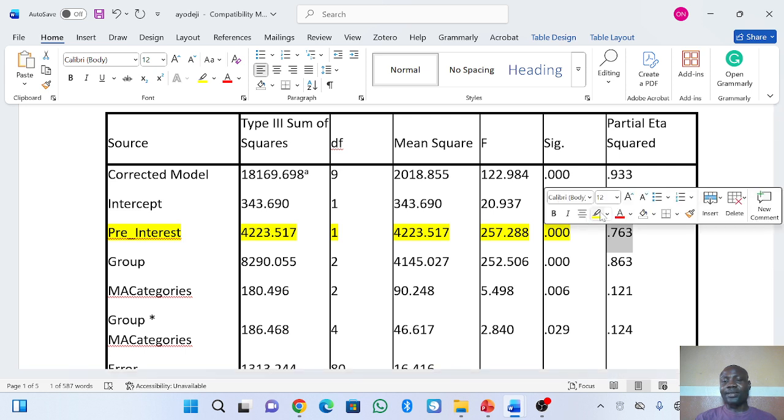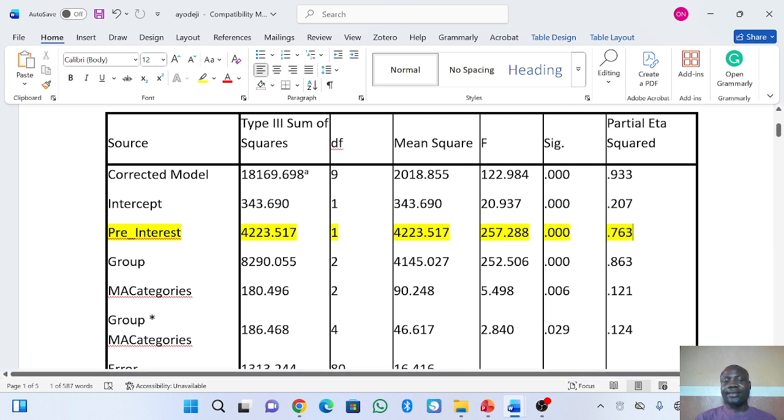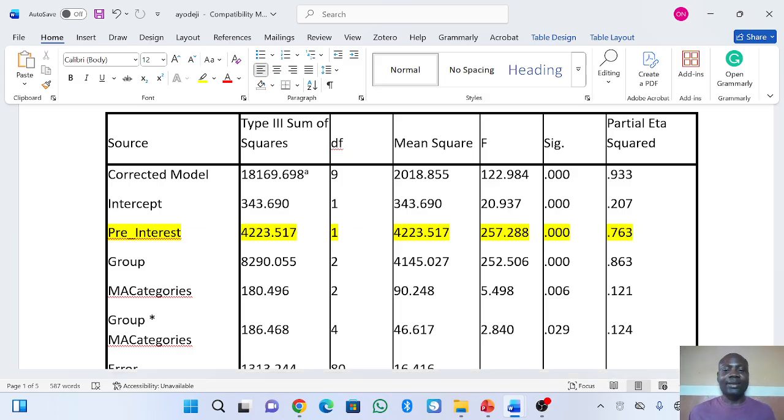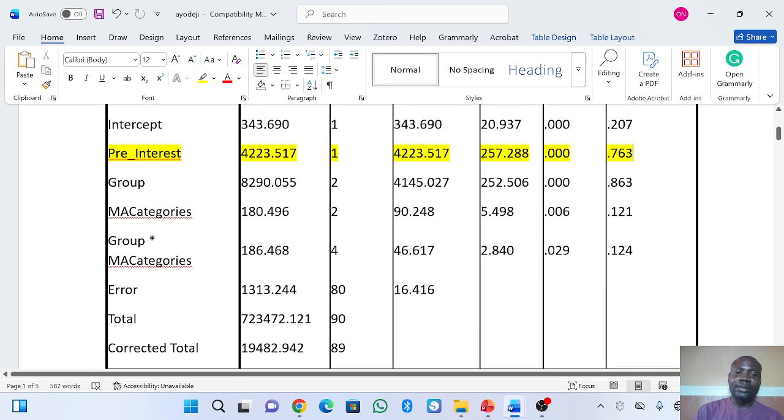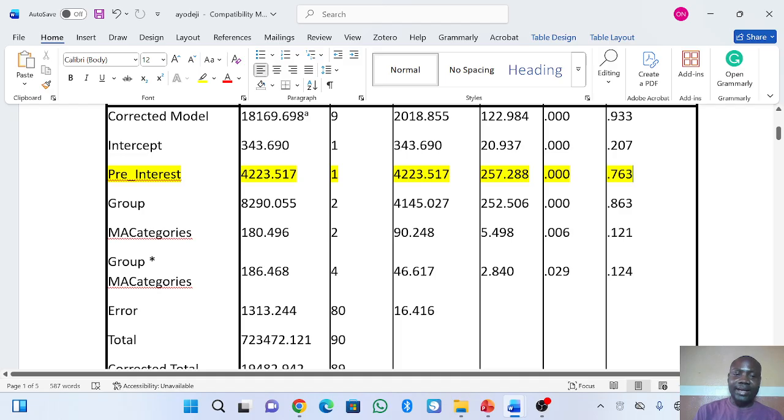This is telling us that the interests of the three groups are not the same. But thank God for ANCOVA, because ANCOVA will partial out the initial disparity that existed among the three groups.